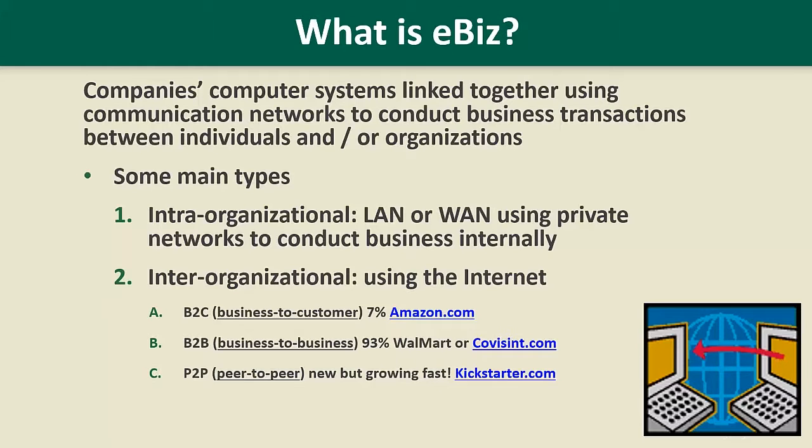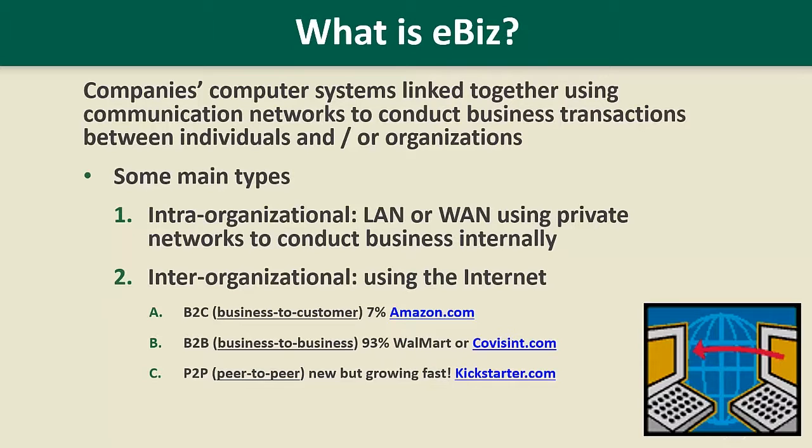An example here is Walmart, where Walmart is directly connected through the internet to its suppliers. Another example is Covacent. Here Covacent acts as a third party, an intermediary between various industries, especially health and car manufacturing, and their suppliers.